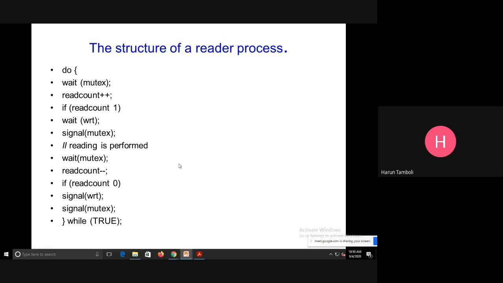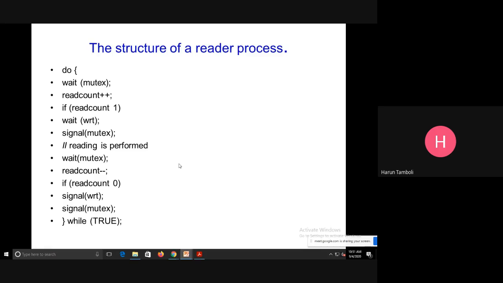Okay, this is the structure of the reader process. In the reader case, we should allow multiple processes to access the same shared data, so it uses the mutex variable as well as write. First, it performs a wait operation on the mutex variable. After that, it increments the read count.